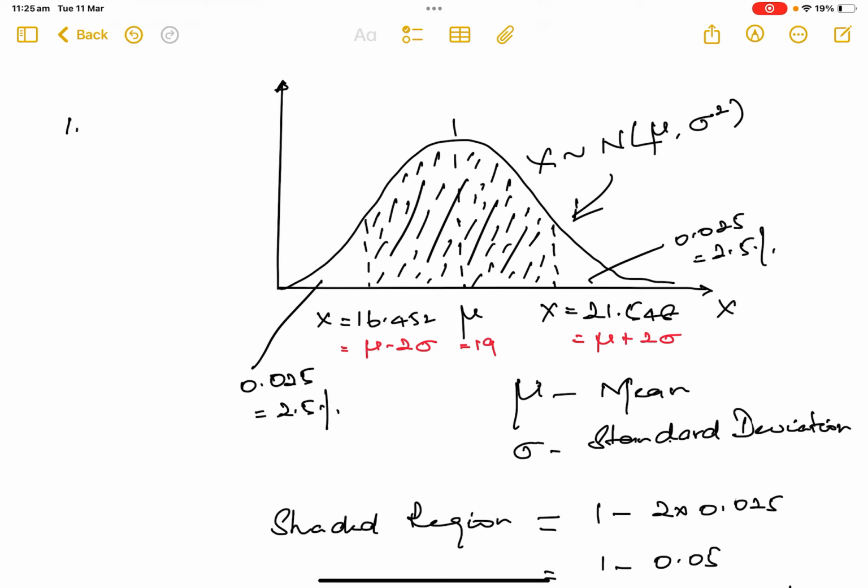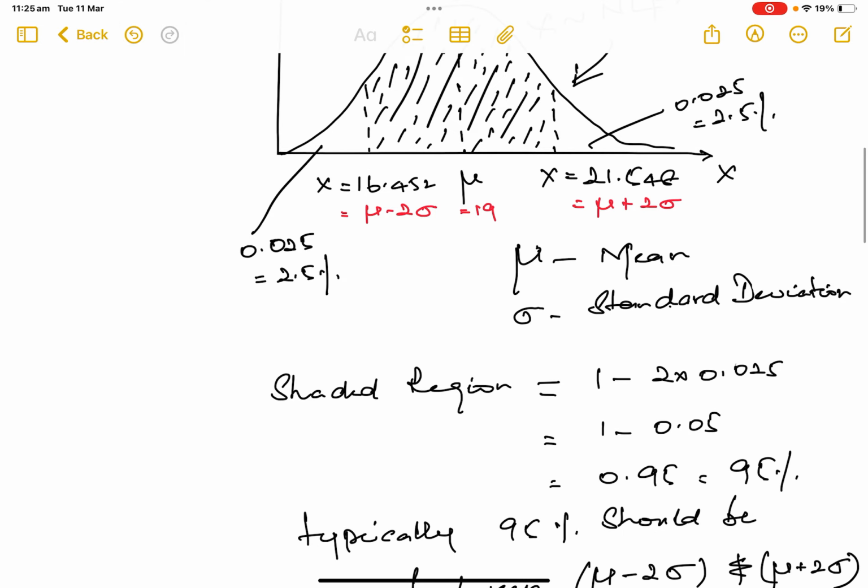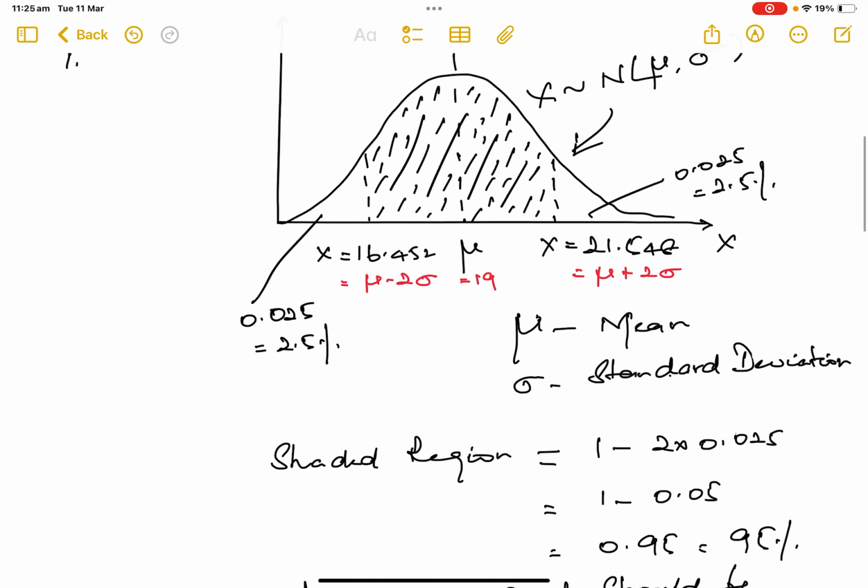So the shaded region is 1 minus 0.05, since the whole area under the normal curve is 1. That is 0.95, so 95% is the shaded region.